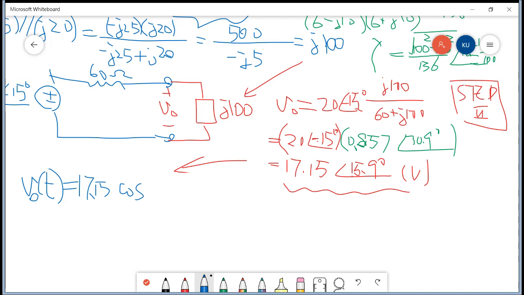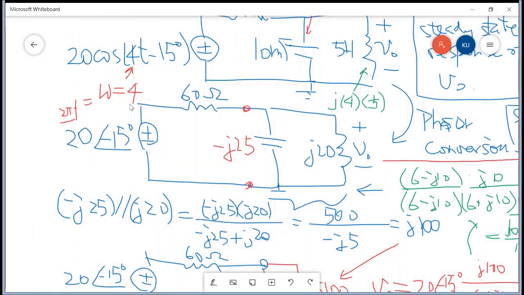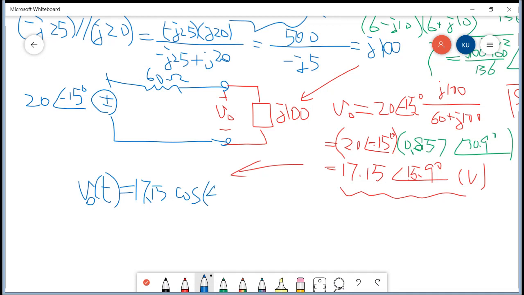Cosine. So originally it is omega equals to 4t. So here we have 40. The degree is 15.9 degree, so plus 15.9 degree. So, and this is done.